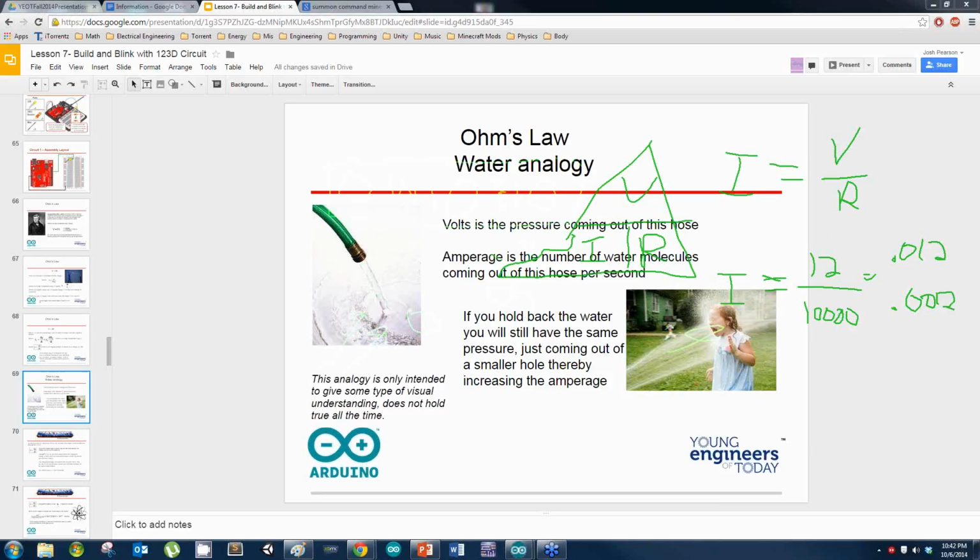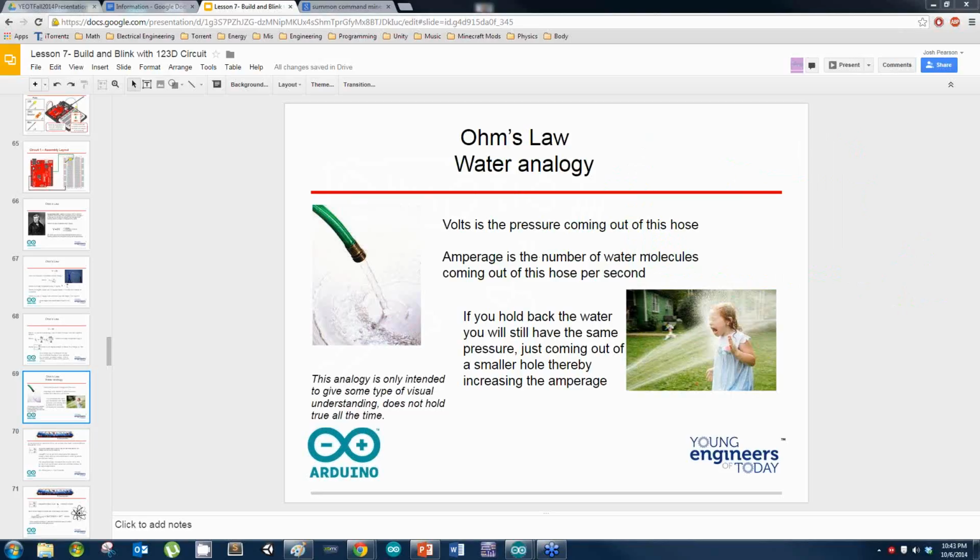Now, like I said, it's kind of like a double-edged sword, because I don't know, should I explain this or should I not? The resistance in this case, in which we're just using resistors, generally holds true.